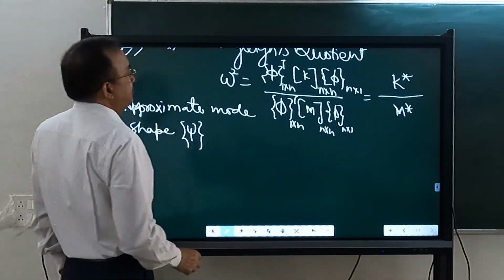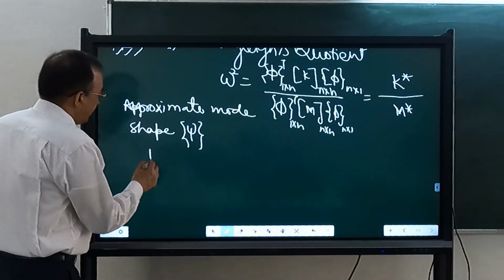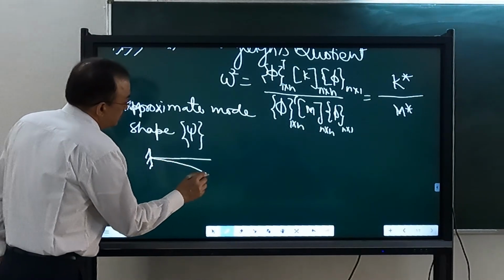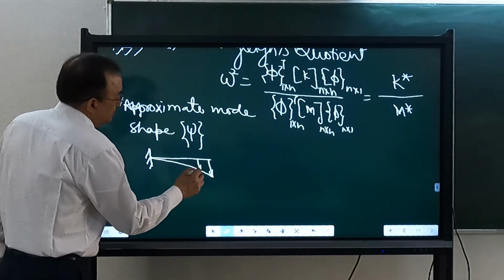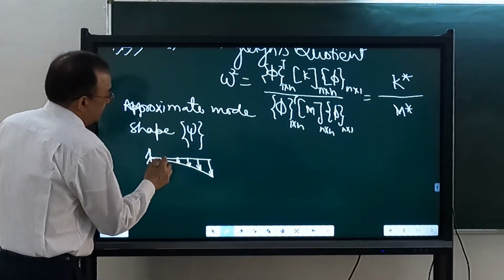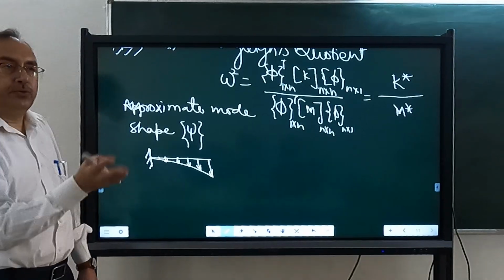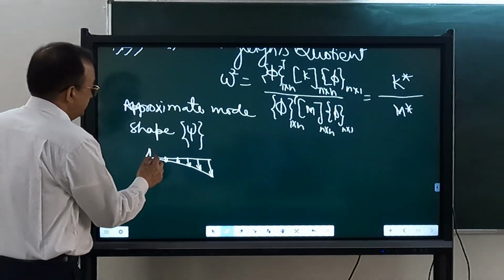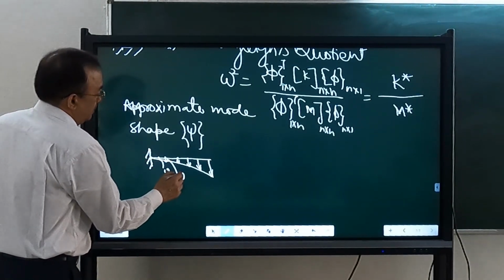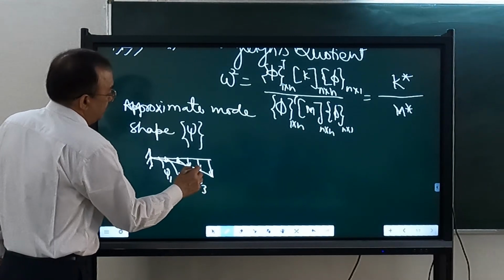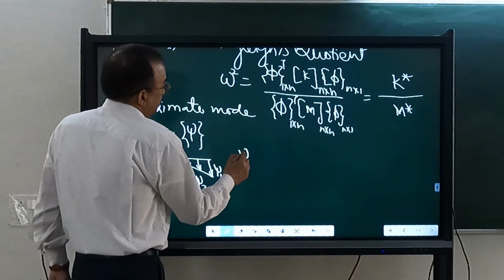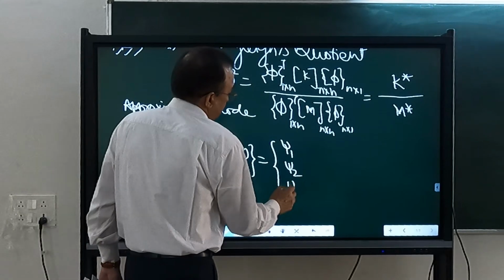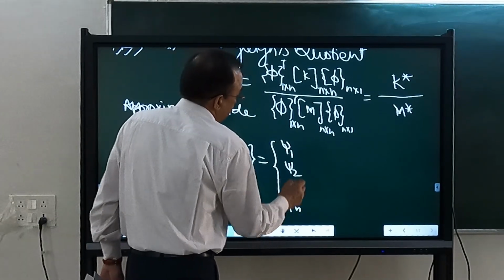And one of the close guesses of this psi is the deformed shape of the structure under its own load in the lateral direction. Own weight acting in the lateral direction means the chimney, if you tilt it 90 degrees. Whatever will be the deflected shape, that will be your psi 1, psi 2, psi 3, psi 4, up to psi n.